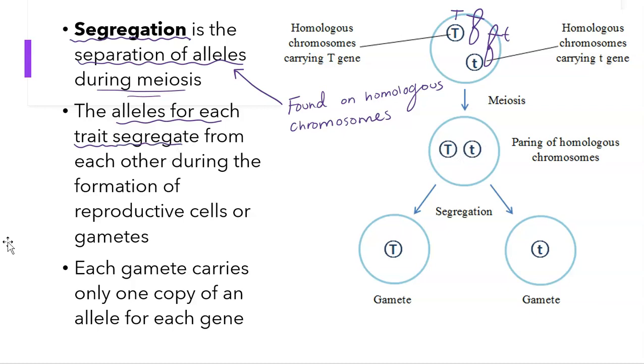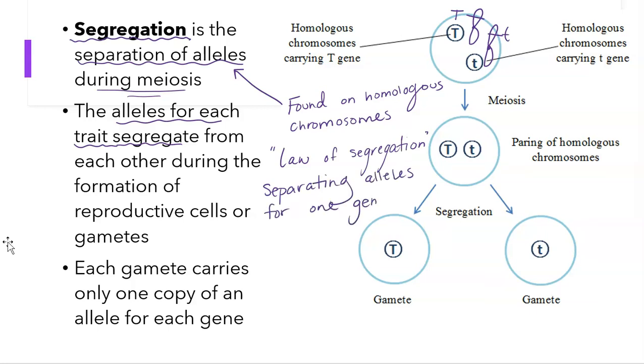So they segregate or separate. It's also referred to as the law of segregation, but you can think of separation. We're separating these alleles on homologous chromosomes. And again, we're separating the alleles for one gene, trait, or characteristic, and they're going into gametes.